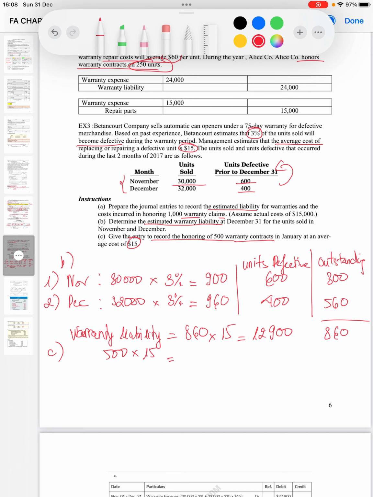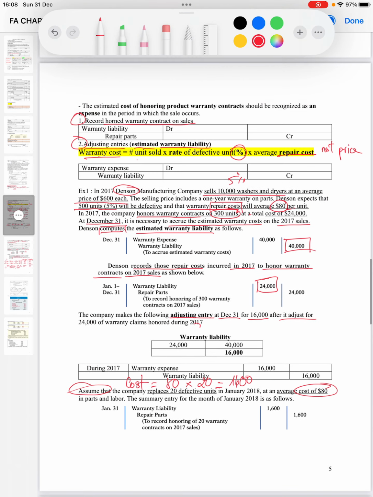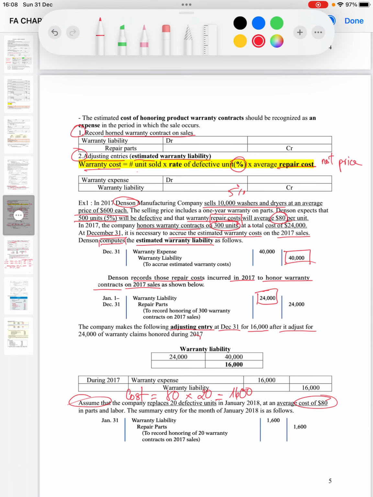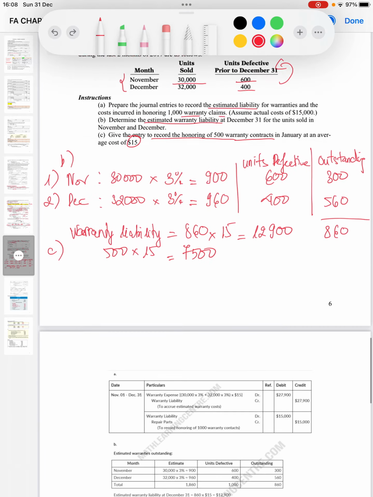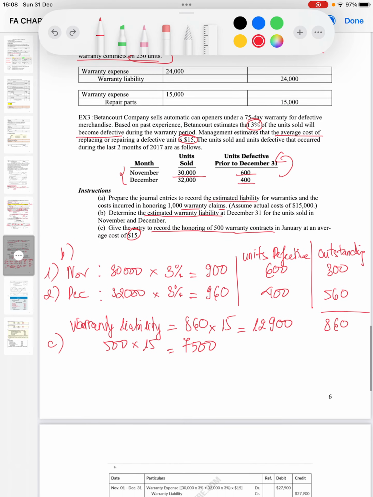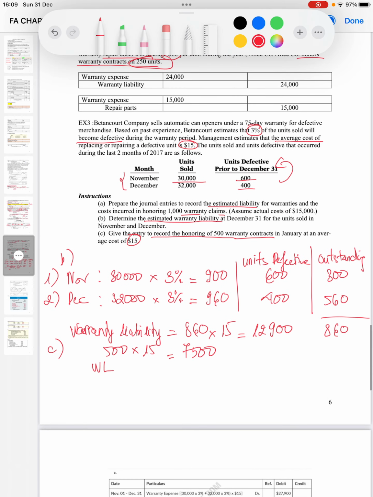You will get the amount of 7,500. It's the same as the first entry, which is honoring warranty contracts on sale. So warranty liability, debit, and repair parts, credit.